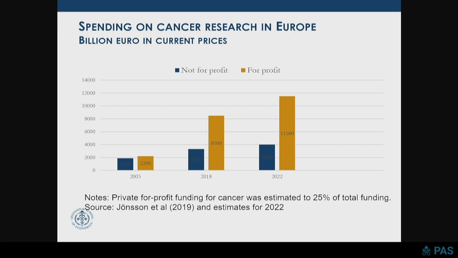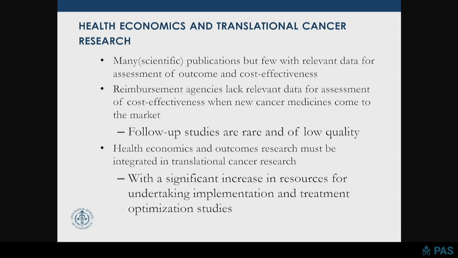We are paying first for the research, and then we are paying a second time when we are getting the new medicines to the market under the principle of value-based price.